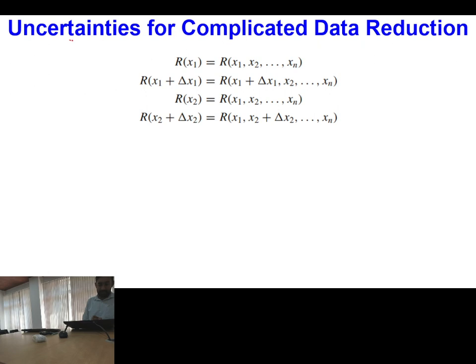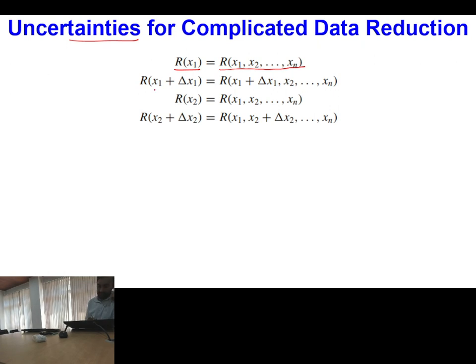So our main interest now is to estimate the uncertainties for complicated data reduction, where you have a significant amount of data available. So there what you can do, say my resultant variable, when I have simply considered x1, is like this.